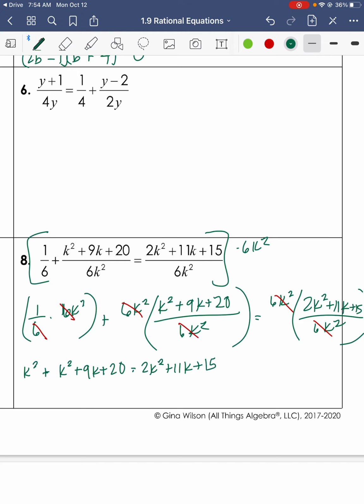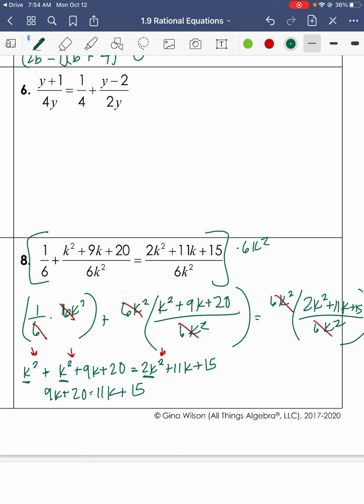Looks like we have a quadratic equation here. Our degree is 2, so let's just get everything on one side and see what we have left. We have 2k squared over here. If we subtract 2k squared, it's going to cancel out, so we're going to be left with the linear equation. We're going to have 9k plus 20 is equal to 11k plus 15.